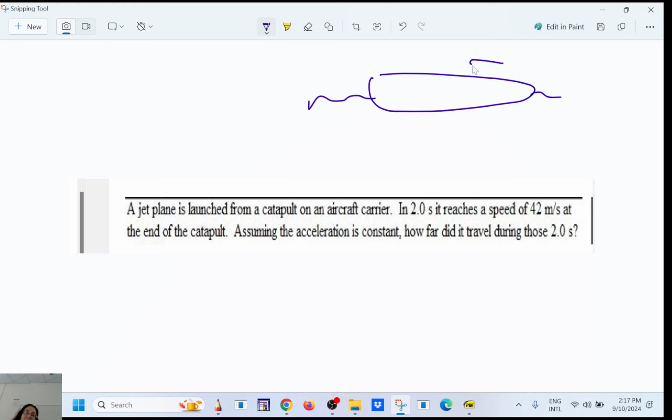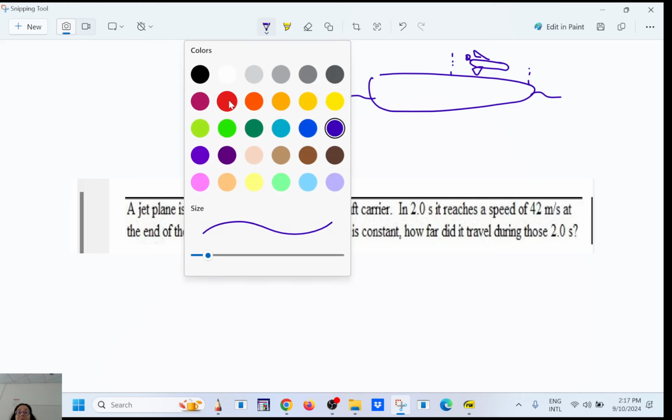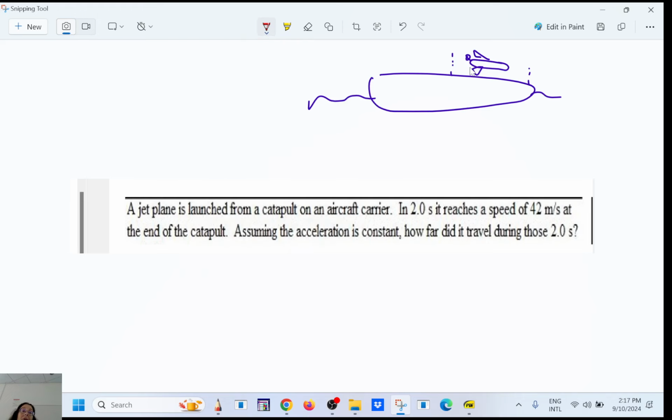And they have a jet. And those jets, I don't know how to make a jet, but they don't have much space to increase their speed. So they need to reach their speed very quickly. So they have some kind of catapult. Like some kind of rubber band here, which is stretched. They let go and zoom, right? So they're going to give it a huge acceleration.